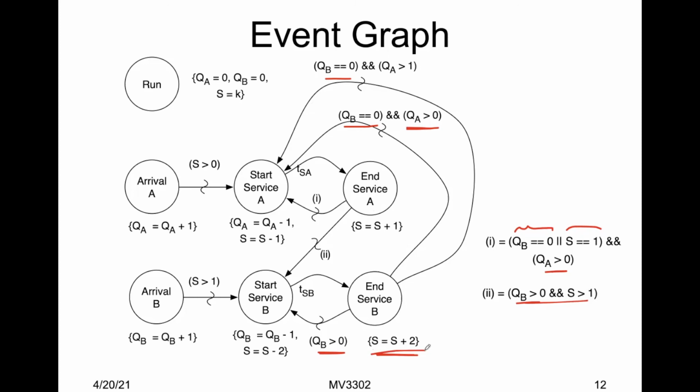We can either take both of them and work on a B, but if we can't do that, then we don't want to just have them sitting around if there's work for them to do. So if there's no B and at least one A, then we can schedule one start service. And if there are no Bs and at least two in the queue for A, then we can schedule a second. So both of these scheduling edges are absolutely necessary, or else the model isn't going to work.